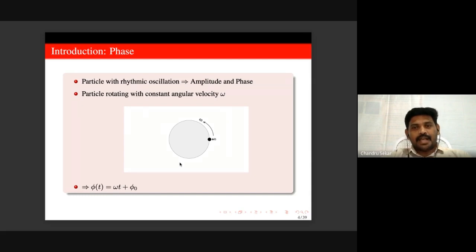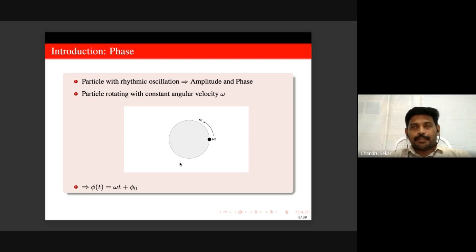The phase and amplitude give an elegant way to represent these dynamics. Using them, we can model the rhythmic particle by defining the dynamics on a circle.